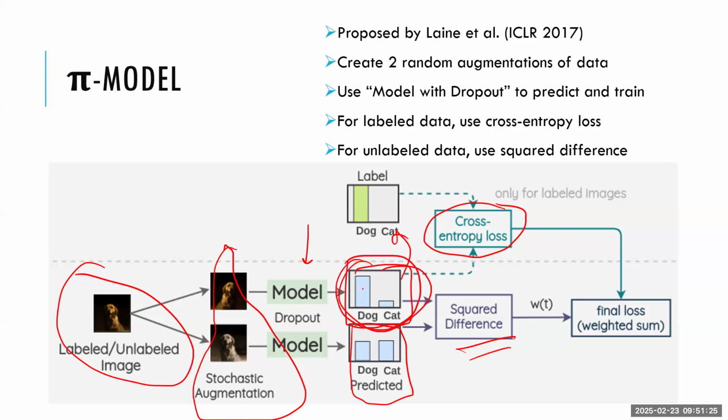I don't know what the true distribution is for this one, but every one that you get should be the same because it's basically the same image. So we could use the square difference, right? Because we have two different answers, and we want this square difference to be very small, right? And then you have these two weights, you combine them into the final loss function.